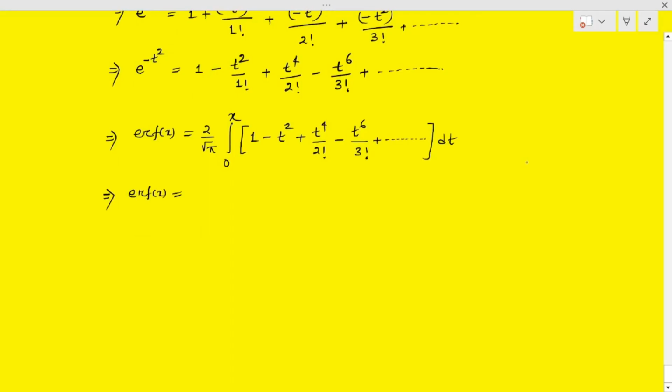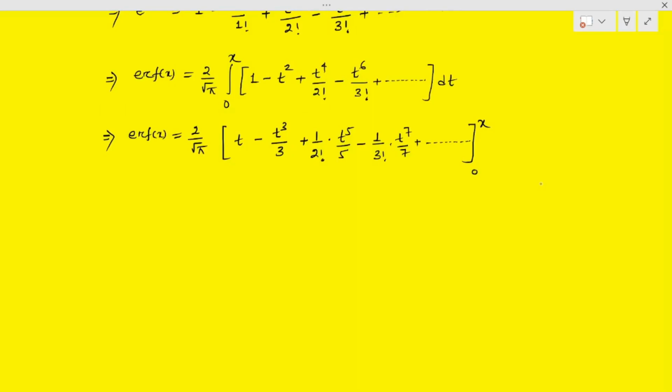Error function of x will be equal to 2 by root pi times: integration of 1 with respect to t is t, minus t square integrates to t cube by 3, then t to the power 4 integrates to t to the power 5 by 5, with 1 by 2 factorial, so 1 by 2 factorial into t to the power 5 by 5. Then minus t to the power 6 integrates to t to the power 7 by 7, with 1 by 3 factorial, plus so on. Here the integration limits are 0 to x. Now we substitute the upper and lower limits. If I put x, it will be x minus 0, so there is no need to put the lower limit, just put the upper limit.